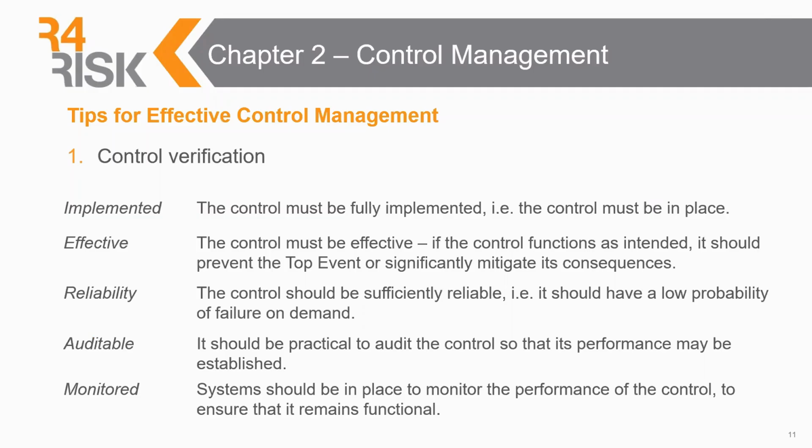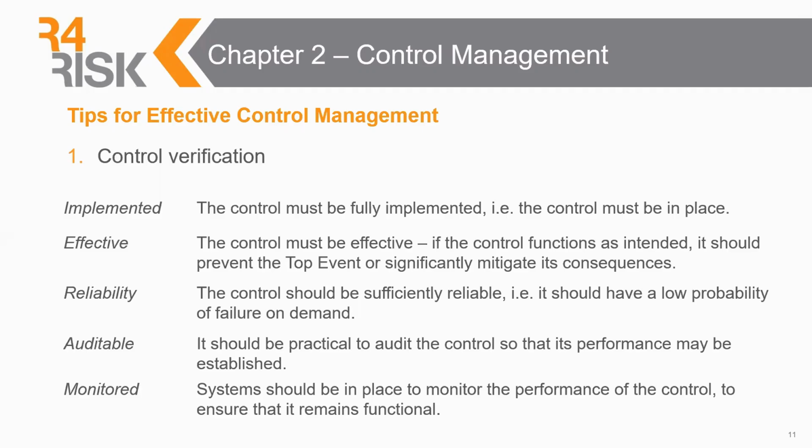But how do we define our real controls? So we do this through control verification. And ultimately, this should be done during the workshop, but it also can be done after the workshop. So we have these 5 characteristics of a real control, and they are implemented. So of course the control needs to be there in the first place and fully implemented.